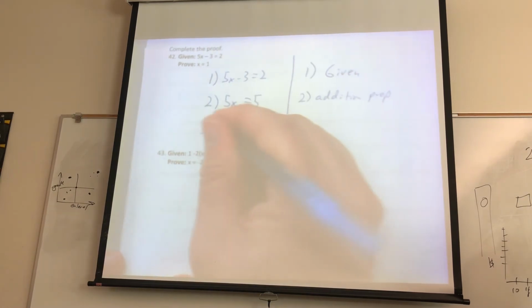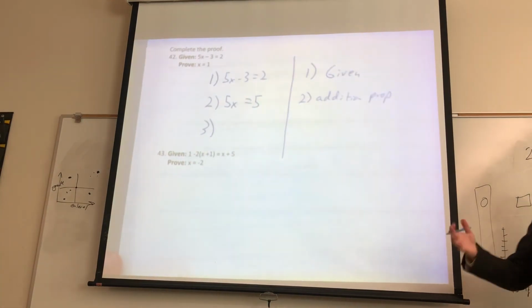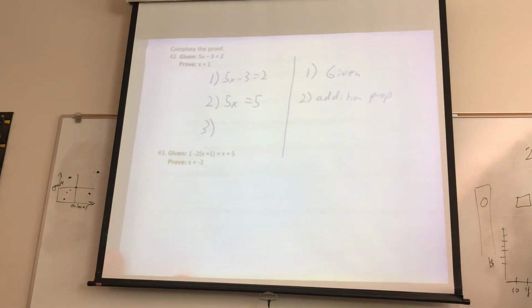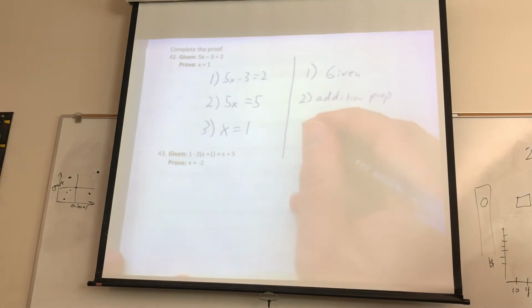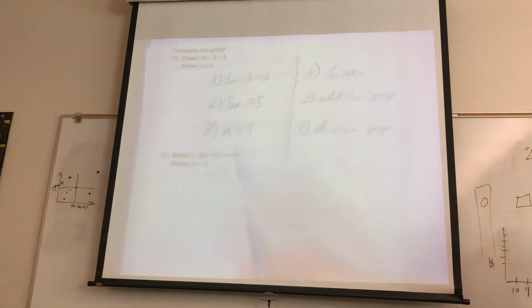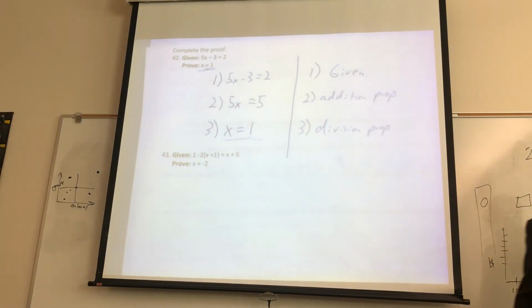And then number 3, I'm going to divide both sides by 5. That'll give me x is equal to 1. And the reason I can say that is because of the division property. And this right here is what I was trying to prove, so I'm done with that proof.